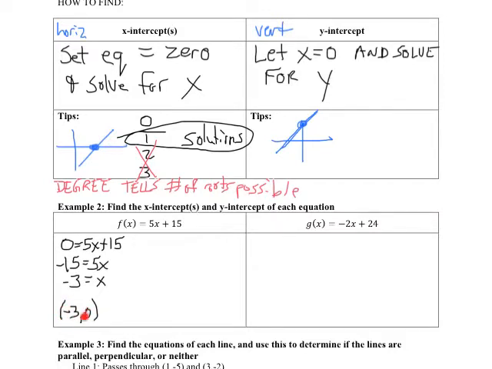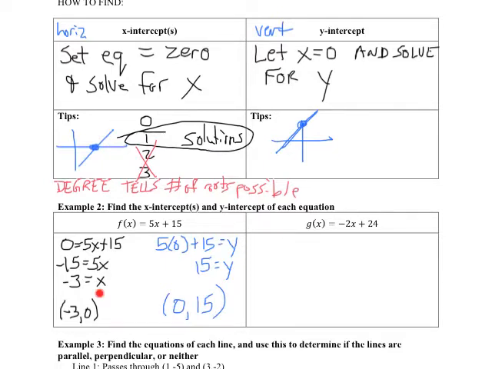X-intercept, and then the y-coordinate. If we want to find the y-intercept of this equation, we let x be 0 and solve for y. If we do that, we get 15 equals y, because 5 times 0 is 0, which means we have a y-intercept at 0, 15.